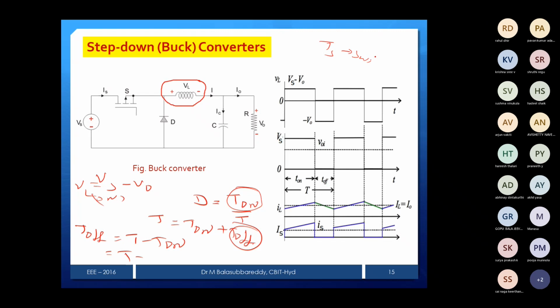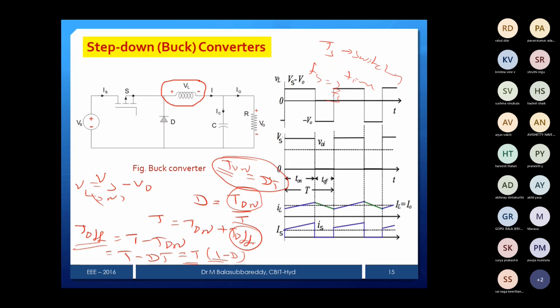This is the switching time, or switching frequency. Fs is 1 by Ts. So T on is nothing but D into T. Then you take T common, then what will happen? 1 minus D. So T off I can write as 1 minus D into T. T on, as usual, you can write as D into T. Both are the same; for our convenience, based on the given data, we can use either.